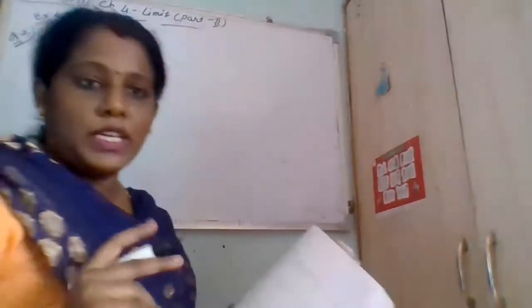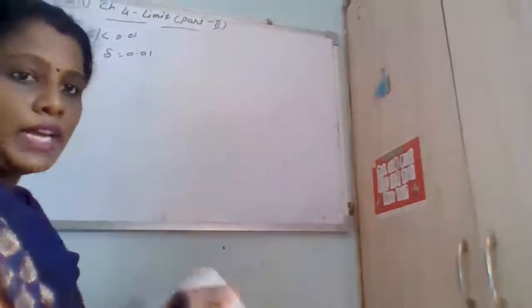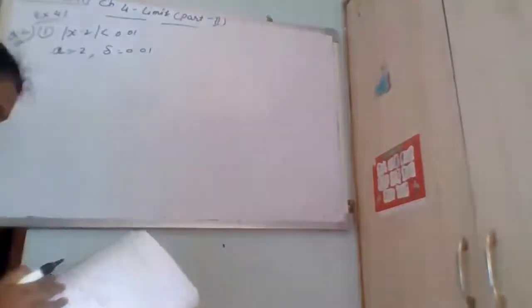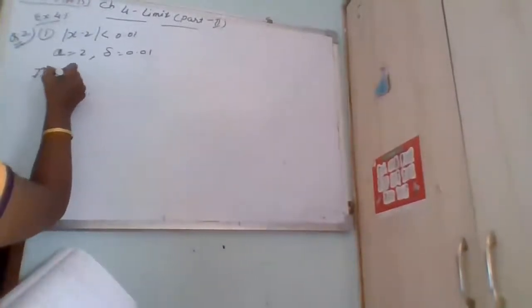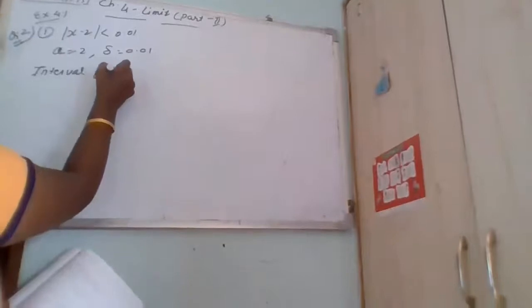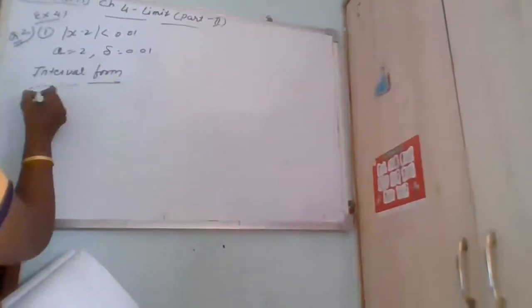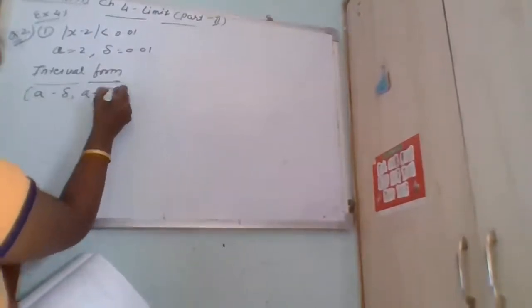So, from the given information we got a and delta. What we have to find is the interval and neighborhood. Interval form is a minus delta, a plus delta.